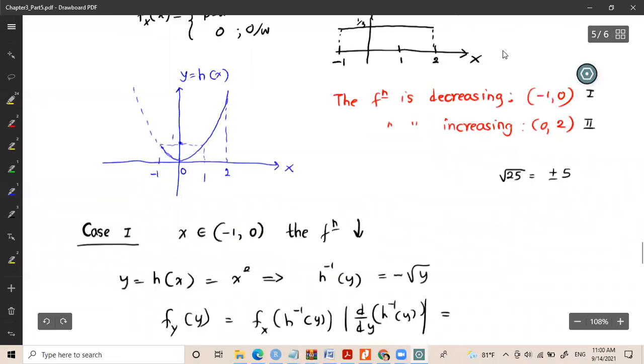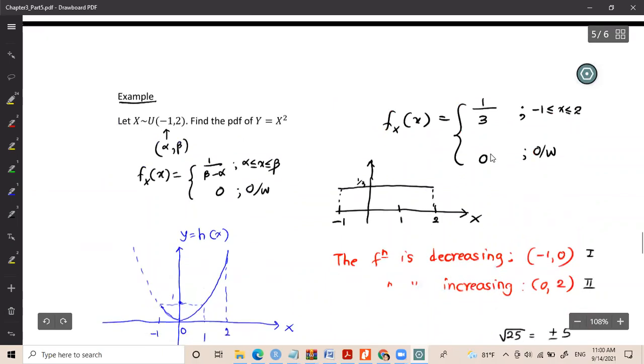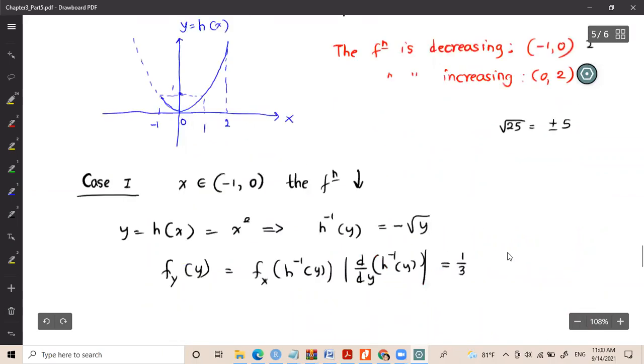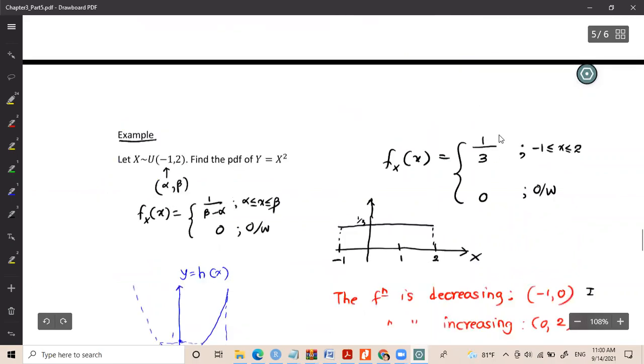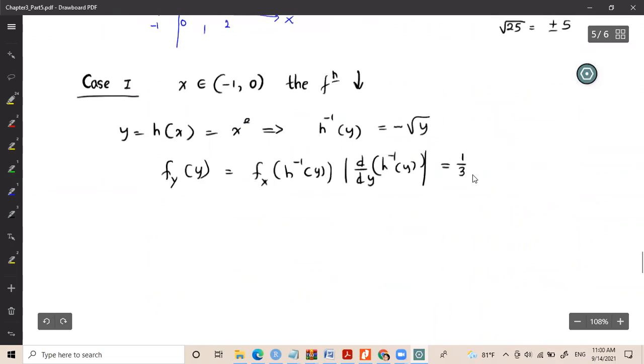It's a constant, so it is just 1/3. If you see any x component here, you have to replace that x with the square root of y, right? But in this case, our f(x) is just a constant, 1/3. So that will go here. That's the only thing that comes from f(x) evaluated at h inverse y. Anyway, it's a constant, 1/3.